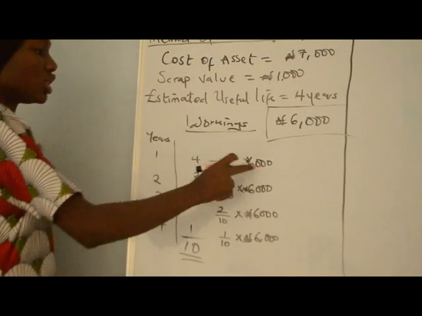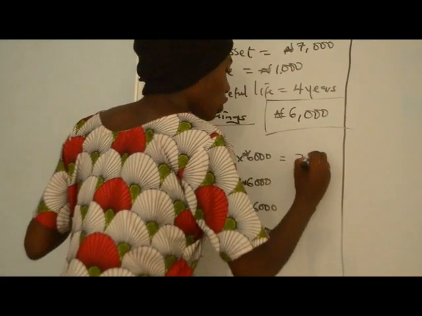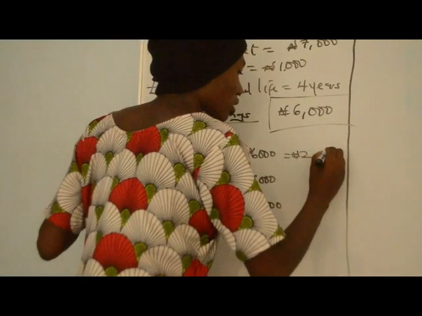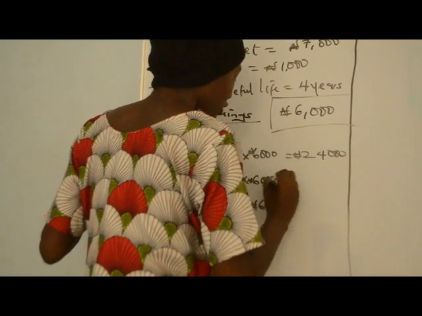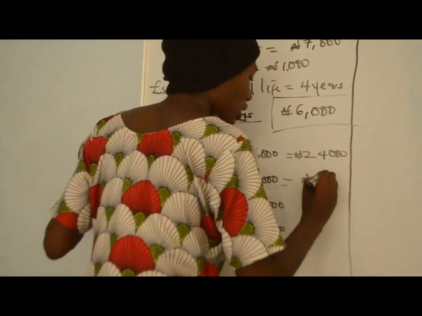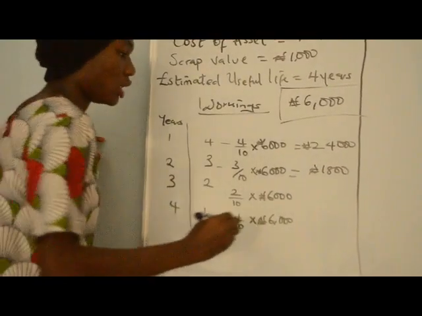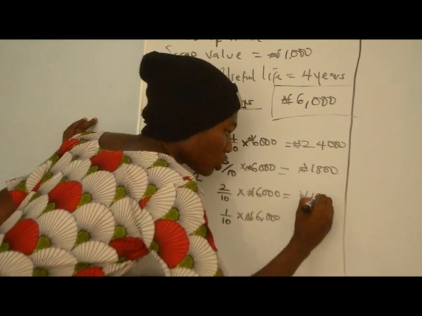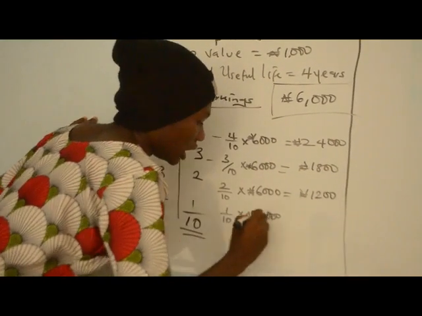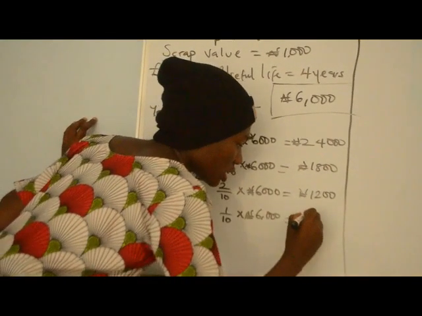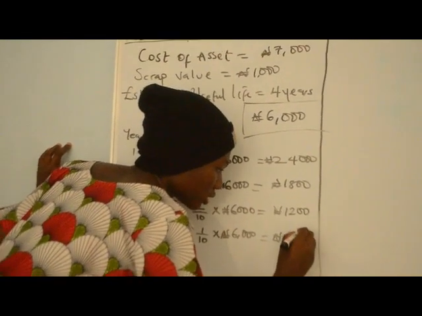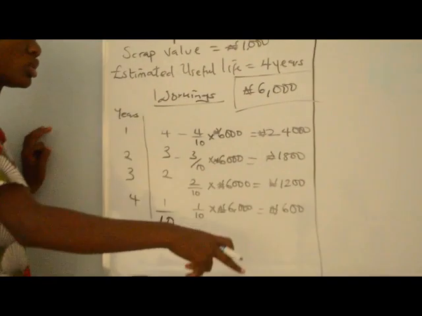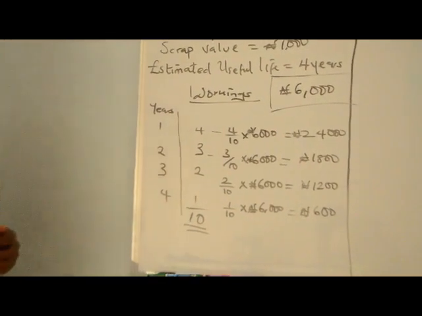Alright, so this will give us what? 2,400 naira. This will give us 1,800 naira. This will give us 1,200 naira. And this will give us 600 naira. So that if you sum all this together, you will have 6,000.